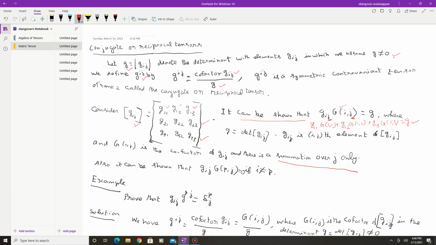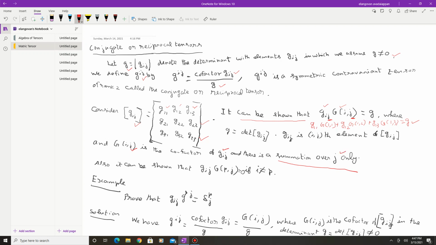So this is true for any other row also. Instead of choosing i equal to 1, if you choose i equal to 2, again you will get g. Or if you choose i equal to 3, you can write down this expression and get the value of the determinant. So from matrix theory, you multiply an element gij with its cofactor and perform the summation over j. There is a summation over j only, that is important.